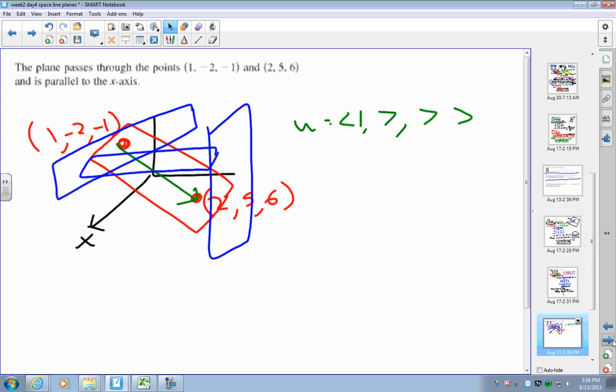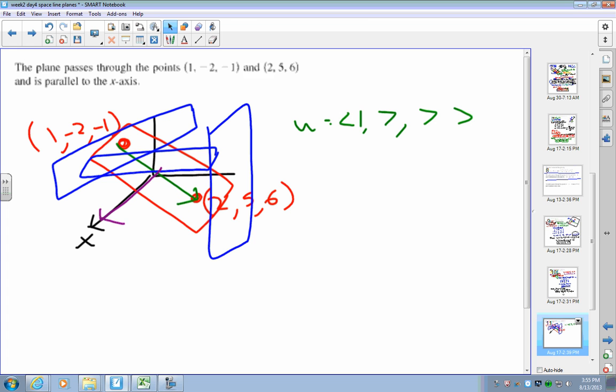All of these planes that I drew you, imagine them kind of coming out of the board, just like the x-axis does. So if I had this x-axis, let me highlight it as a vector, it is in that blue plane. It's in that slanted blue plane. It's in the red plane. It's in that plane. In fact, it's in every single plane that is parallel to the x-axis.